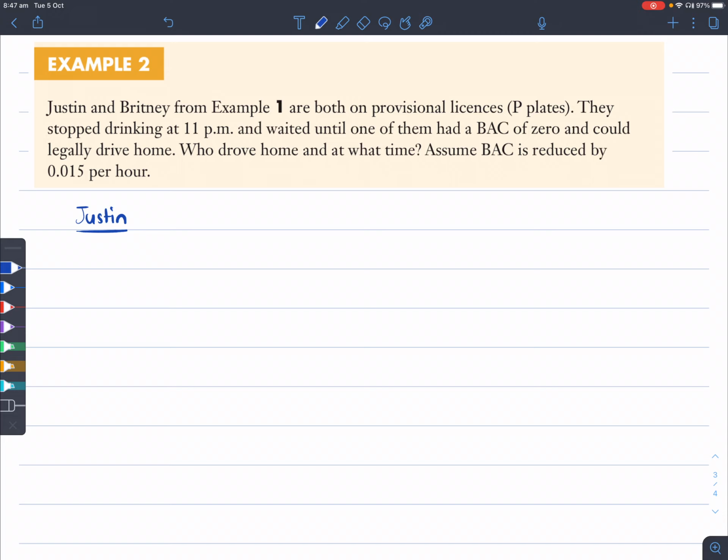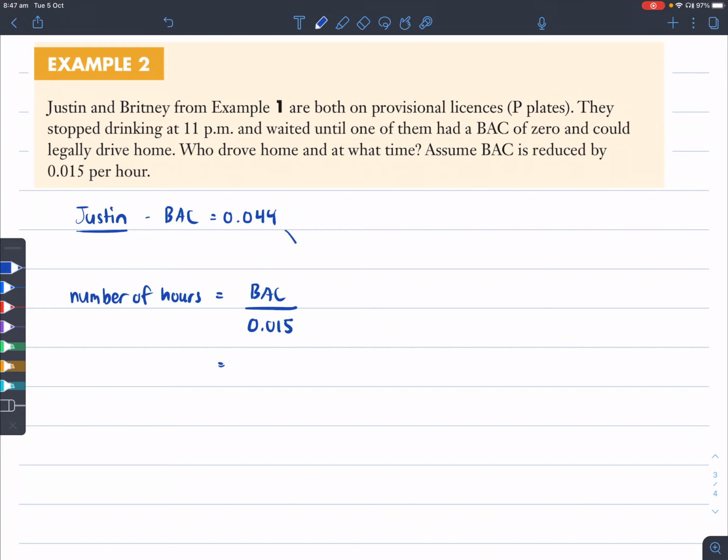So for Justin in this case, in question 1, his BAC was equal to 0.044, right? So the number of hours it takes for his body to break down that alcohol content is going to be BAC over 0.015.